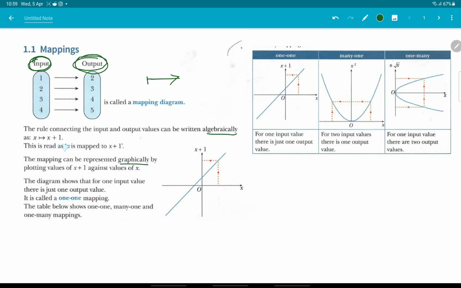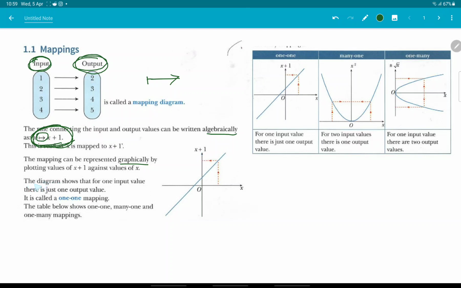By algebraically we just write it like this, using this arrow, and graphically we can draw a graph like this. To draw a graph, we will see later on.